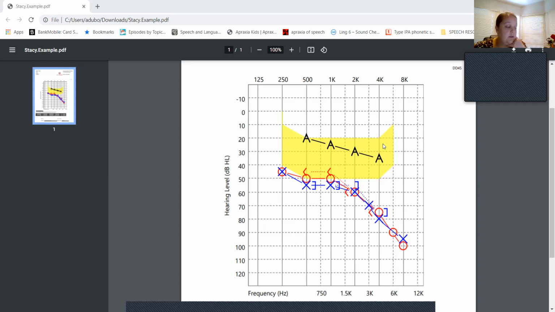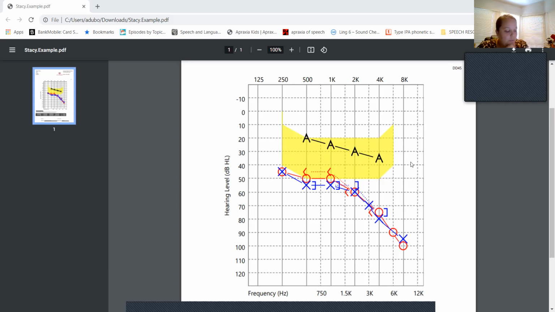And that is going to be your F, your TH, and your S sounds. And so S's are really important because of possessives and plurals. And so she's going to be missing things. Even with her hearing aids on, her processing time is going to be a little slower trying to figure out what her conversation partner might be saying to her.